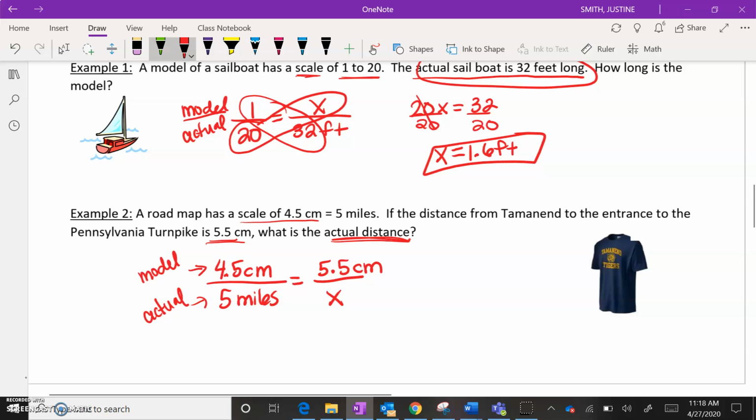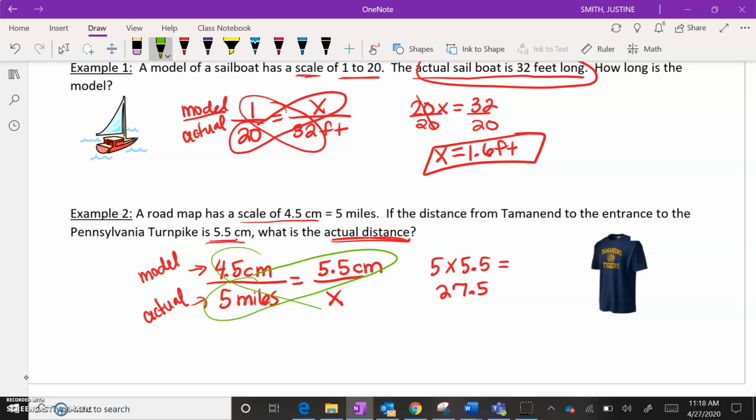So again, we're going to cross multiply. So we're going to do 5 times 5.5, which is 27.5, is equal to 4.5 times x.